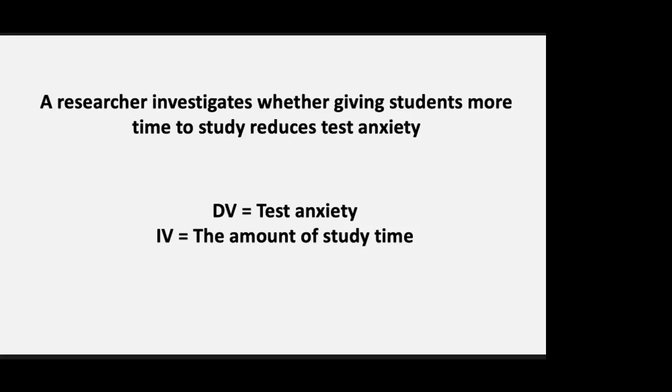If a room is hotter, you might have more test anxiety. People get hot, they start sweating, right? It can set your nerves on edge, versus a cold room. Time of day, right? The time of day could influence their test anxiety. So all of those variables you have to take into account.